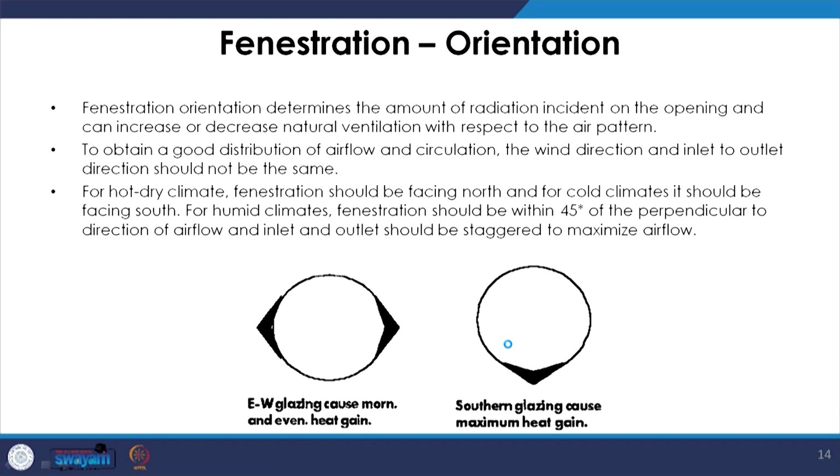When we are talking about the orientation, as I have just talked about, the southern glazing, which is oriented towards south, would maximize the heat gain, and hence it would be preferred in cold climates. While if the window is towards east and west, it would maximize the heat gain during morning and evening.